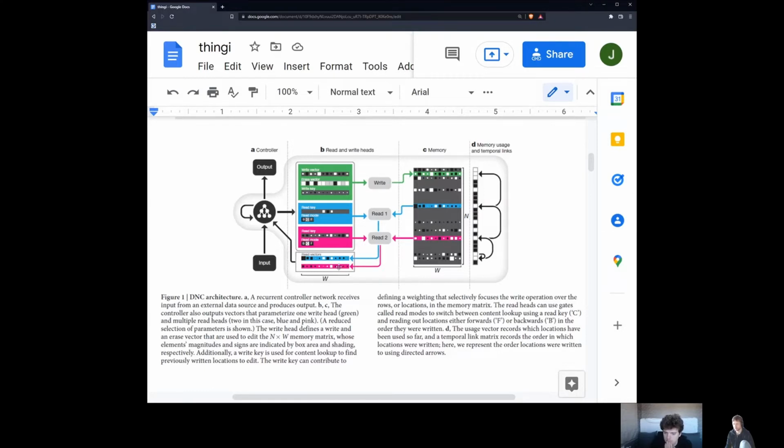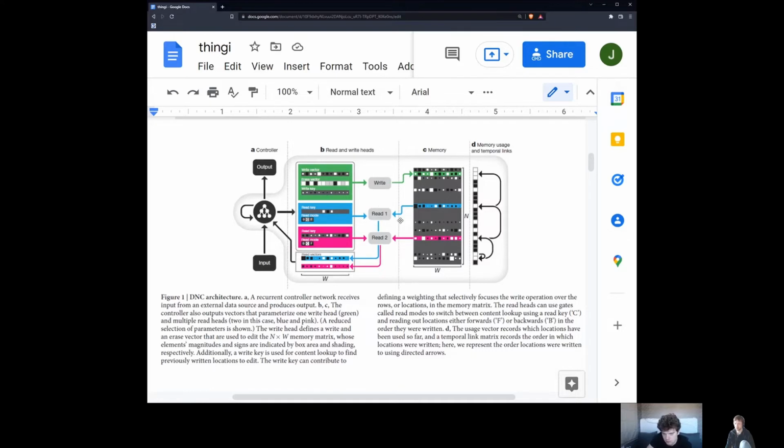So basically, writing happens such that you first erase a part of whatever memory region you're specifically accessing, and then you write new information on top of that. And for the read gates, you can do content-based addressing. So basically, you can look up something based on a key.